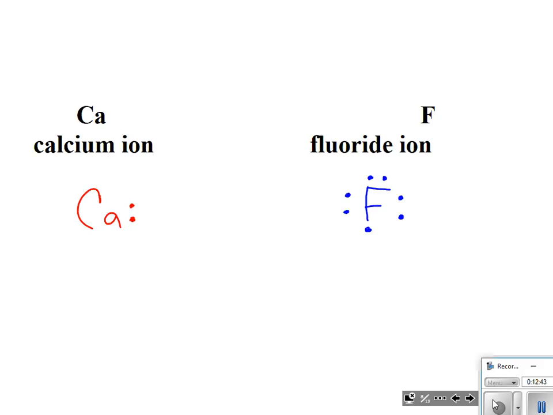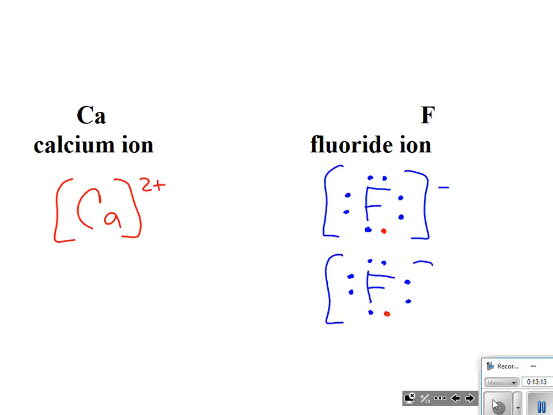Yes, it's going to be CaF2 because we're going to need to have 2 places to gain 1 electron. So calcium's going to give 2 electrons there. Calcium now is going to become, once again, a 2+ charge. Each fluorine is going to have 1 more electron than it originally had. Okay, so we're going to have CaF2.